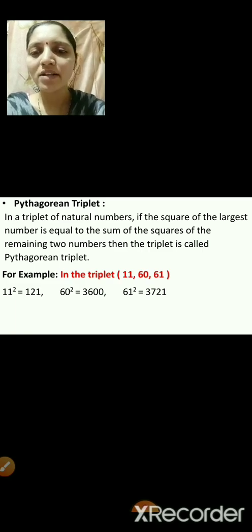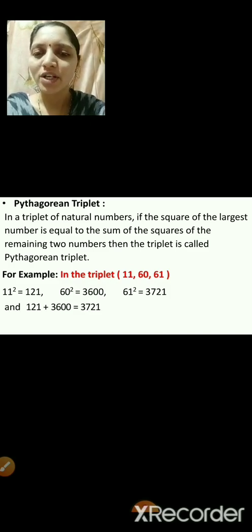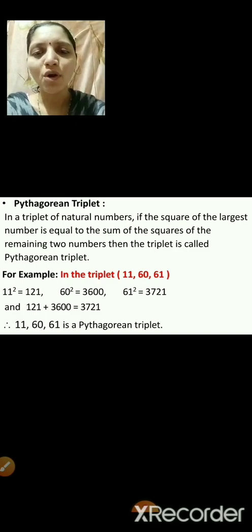Now if you add the square of 11 and 60, you will get the answer as 3721, which is nothing but the square of the largest number, that is 61 square. Therefore, we can say that 11, 60 and 61 is a Pythagorean triplet. Similarly, you can find whether any set of three numbers is a Pythagorean triplet or not by using this method.